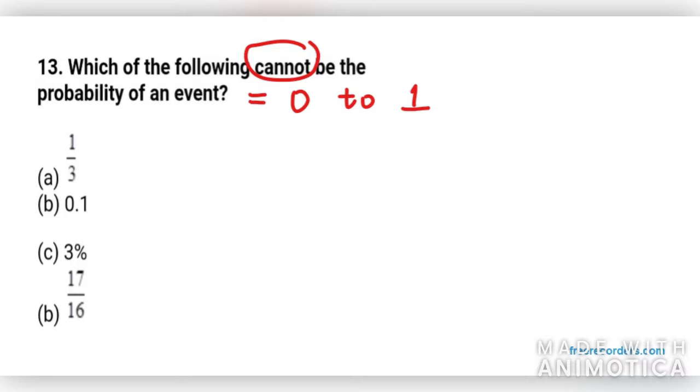That means in this case 1 by 3 can be a probability, 0.1 can be a probability, 3% can be a probability because it lies between 0 and 1, and the last option, that is 17 by 16, is actually greater than 1. If it is greater than 1, that verifies that option D is the probability which cannot be of an event. So the last option is the right one.